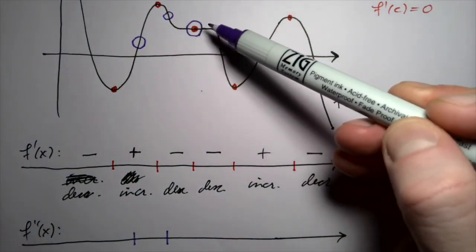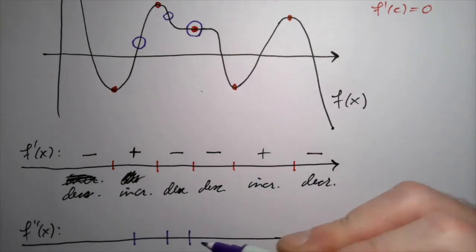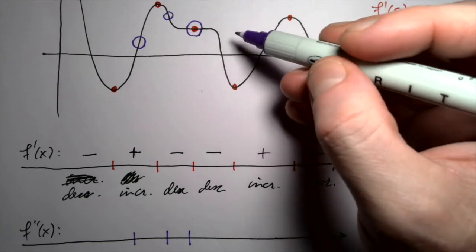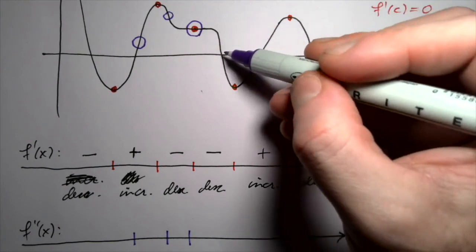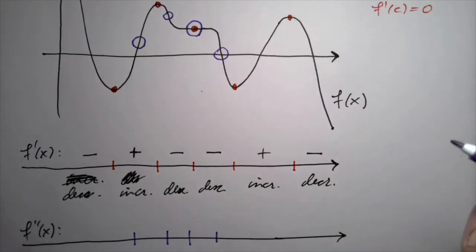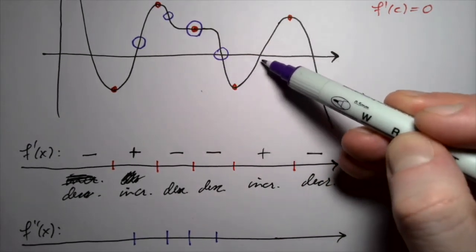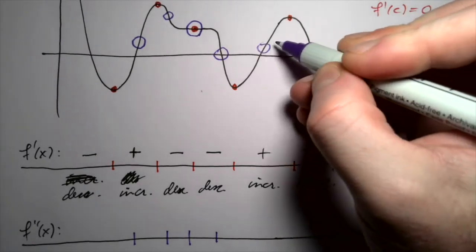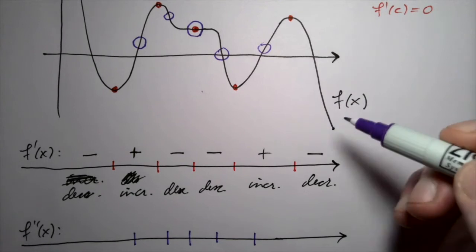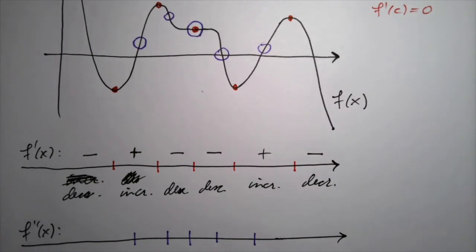Here we're changing from concave up to concave down. Here we're concave down. And now there's an inflection point. Well, it looks like it's just about on the x-axis right there. So that's again a change in concavity. Here we're concave up. And then right about there we change to concave down. And then we're concave down the rest of the graph.